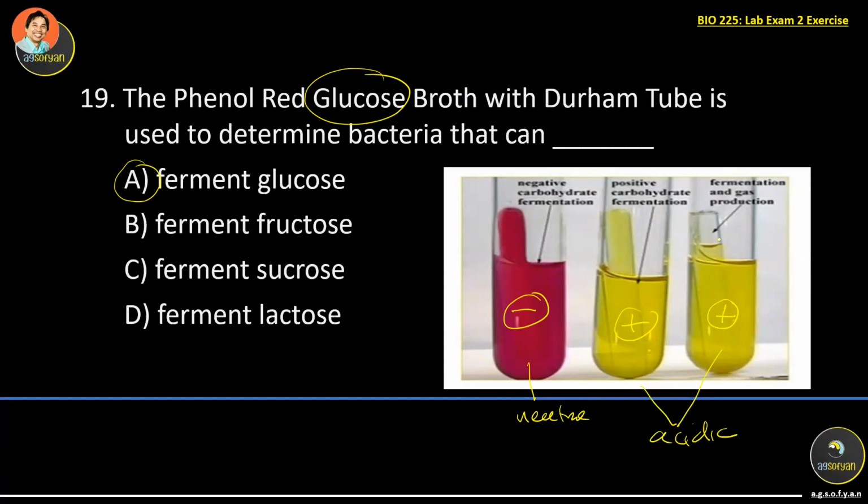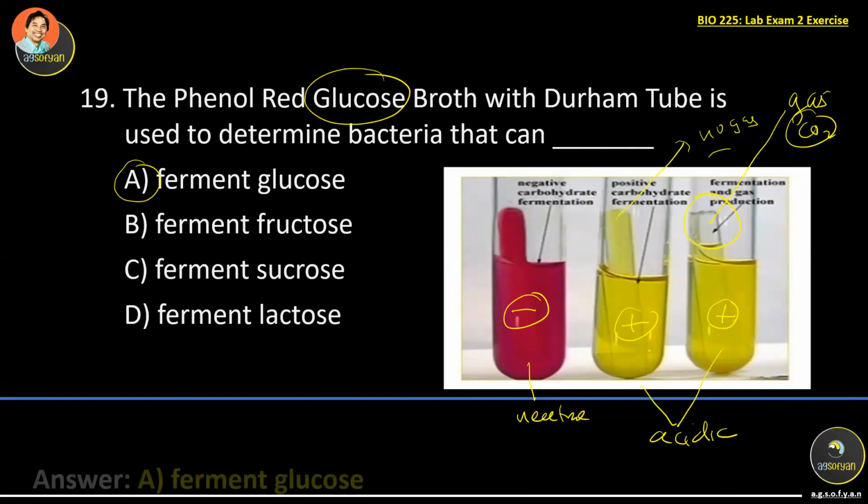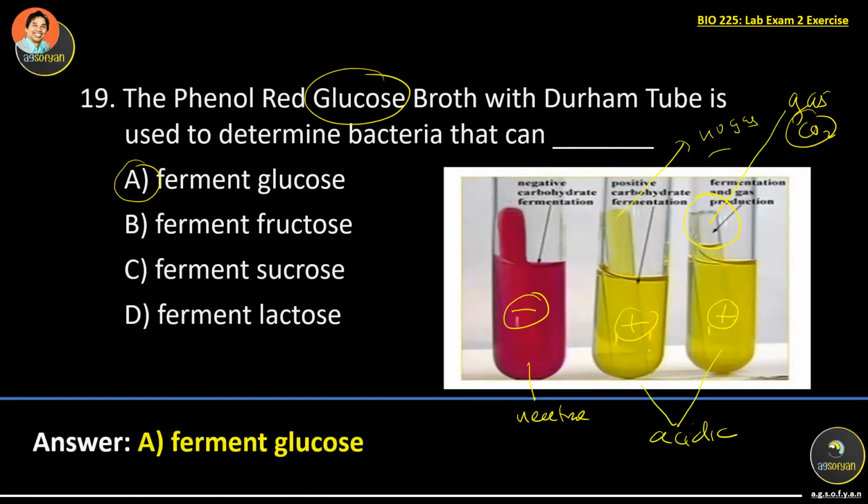One more thing: if the bacteria produce gas, then you will be able to see the gas production over here, mostly carbon dioxide. It will show in this Durham tube. If there is no gas like this, it's still positive, but there is no gas production. So again, the answer will be ferment glucose.